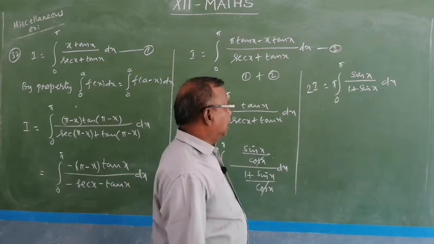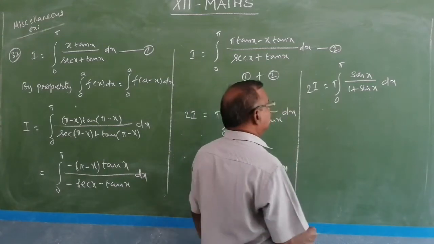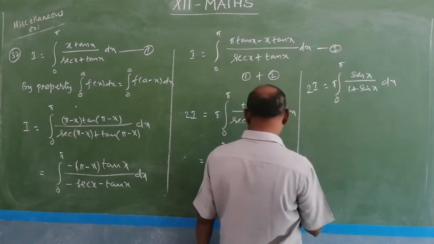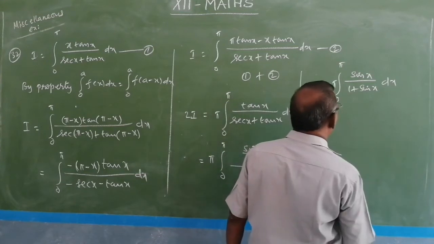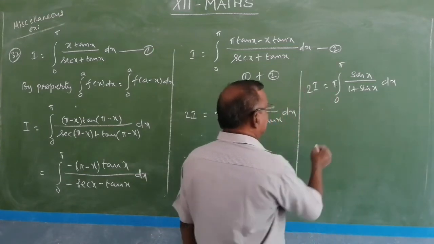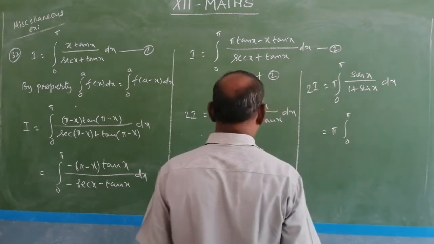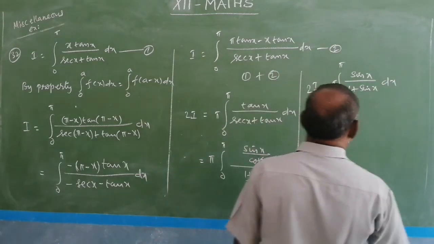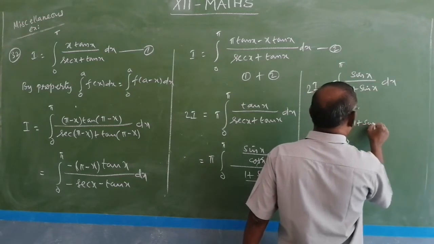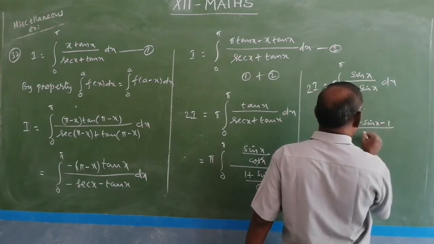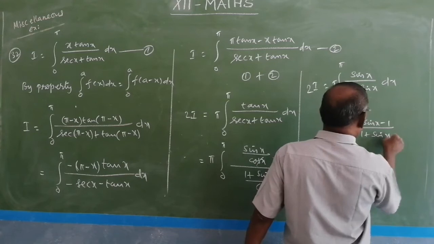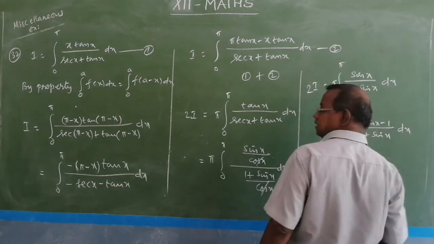We need to add 1 and subtract 1. So pi times the integral from 0 to pi of (1 plus sin x minus 1) divided by 1 plus sin x dx.